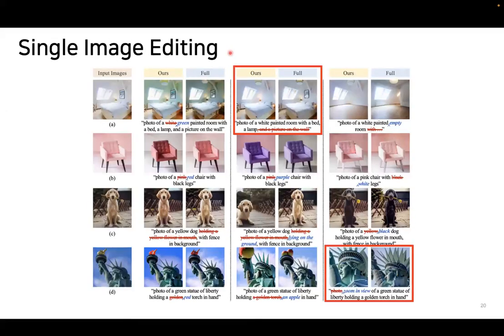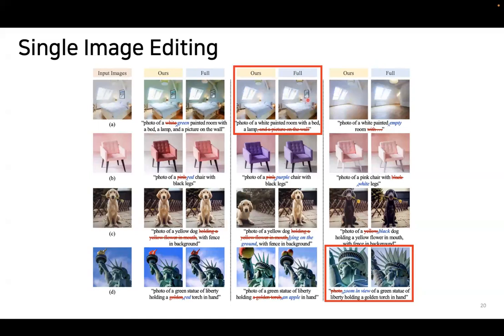And they also show single image editing. Look at the red box. Ours is our compact parameter space, and full means the full parameter space. We remove a picture on the wall, but in the case of the full parameter space, the picture remains.